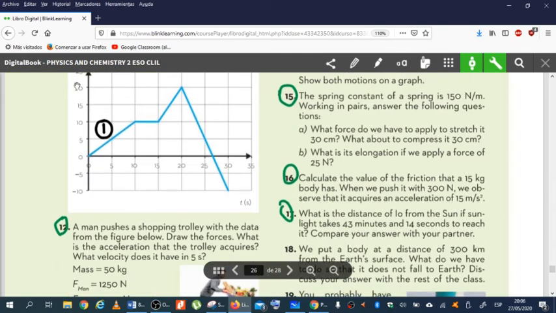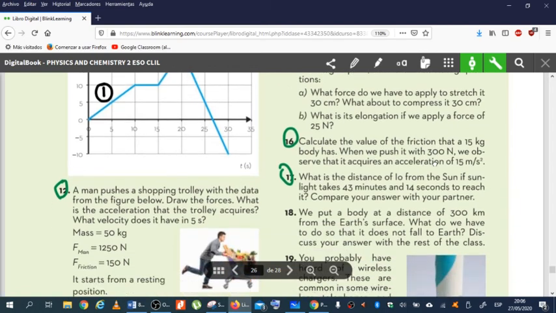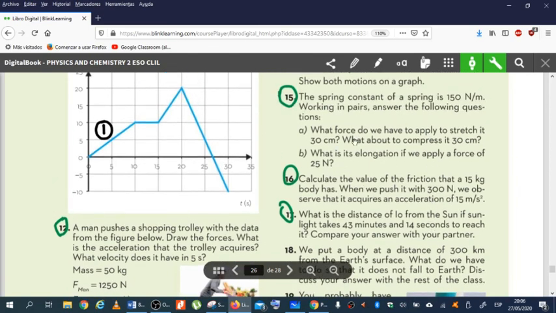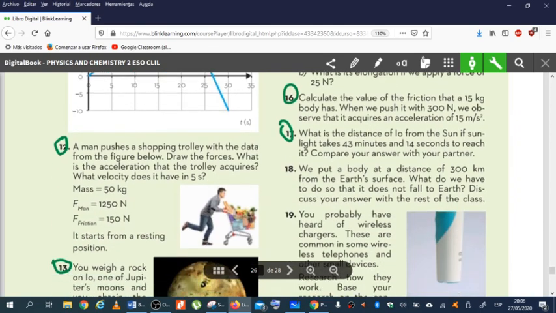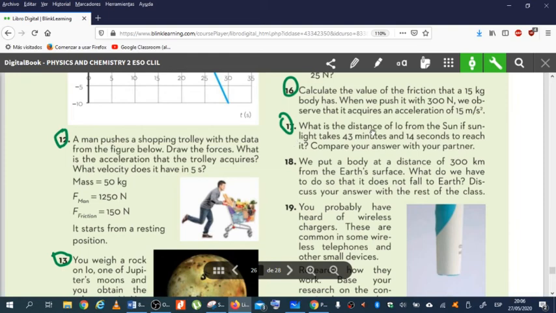Yes. Exercises 15 and 16. This is for springs, okay? Springs, muelles. This is for friction, okay? This is like a general review of everything, okay? Exercise 17. This is for next week, okay? This is the task for next week.